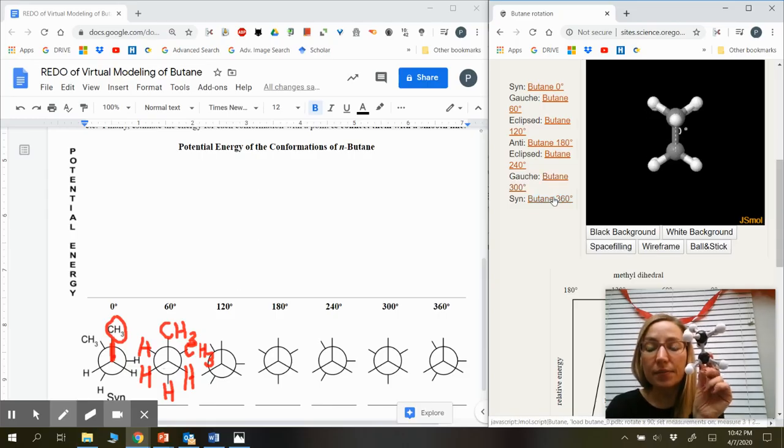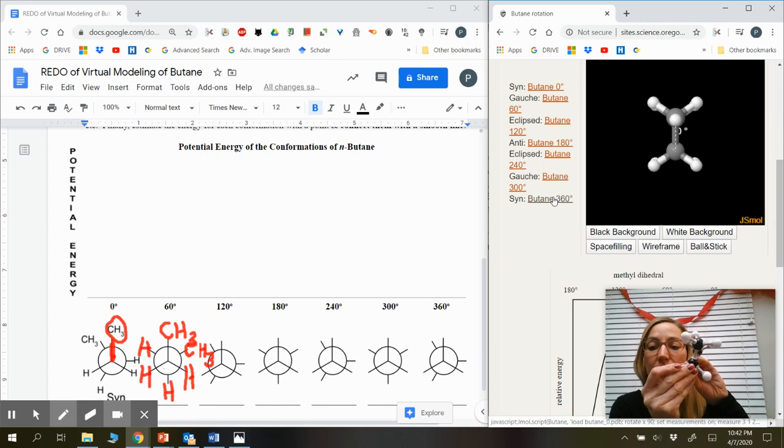That's called syn. So this fully eclipsed conformation was called syn. This fully staggered one was called anti. These eclipsed guys don't really have names. These are just referred to as gauche right there. But these eclipsed ones don't get their own name.